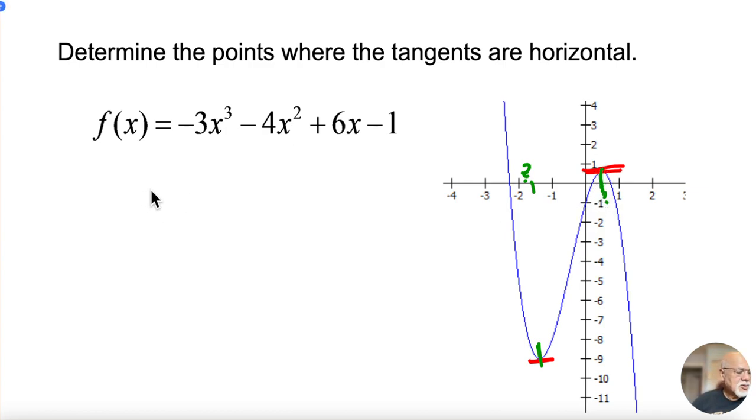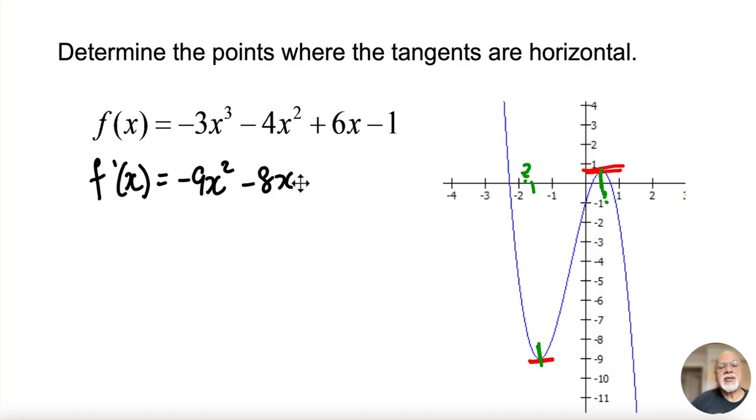All right, so the first thing we're going to do is to take the derivative, or differentiate that expression. And so this becomes 3 times that, so negative 9x squared minus 8x plus 6. And remember that the derivative just represents the slope of the tangent anywhere. And so we're looking specifically for where the tangent is horizontal, i.e. the slope is 0.